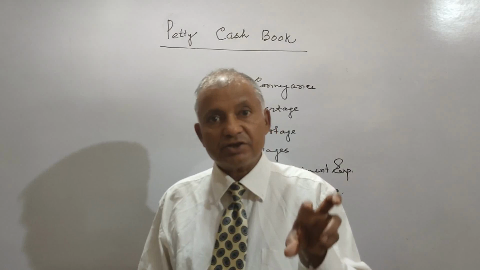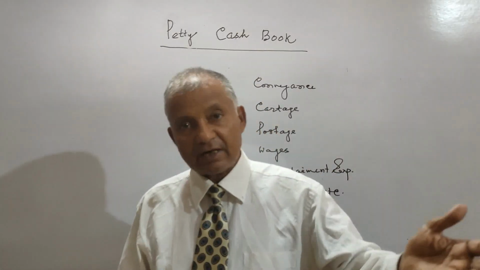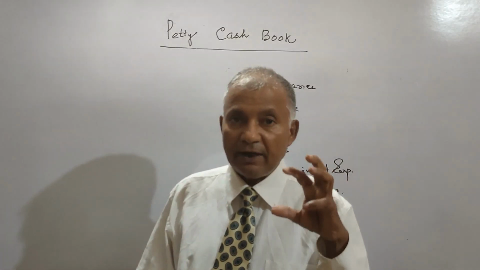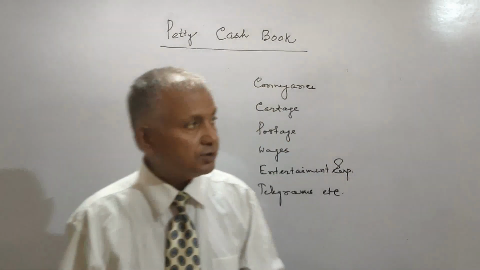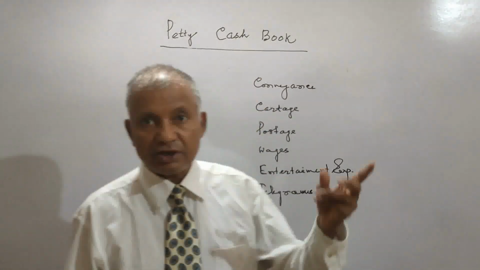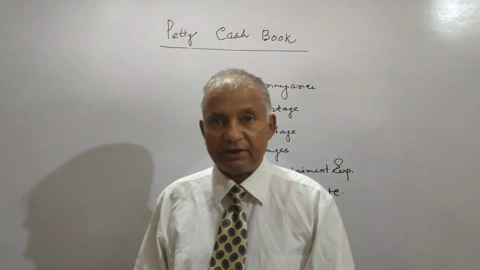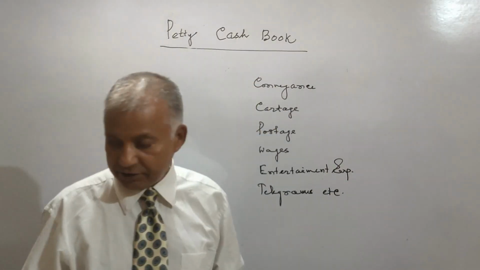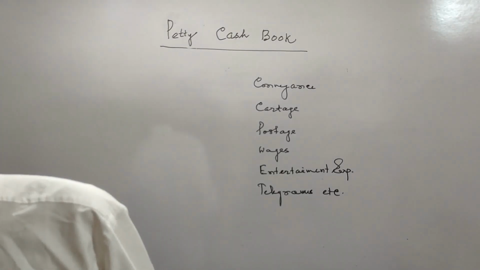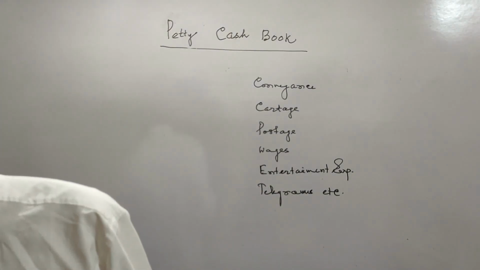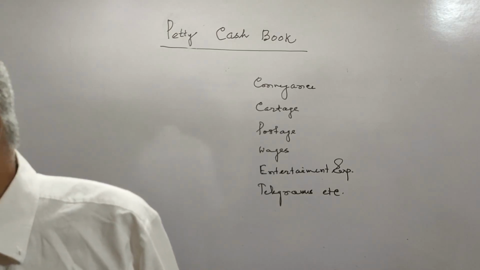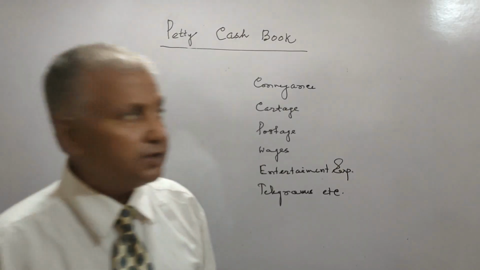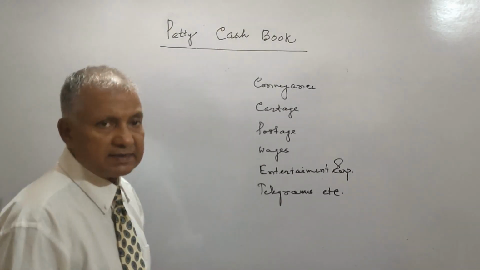The main cashier has to do the other, bigger transactions. Therefore, it will be very difficult for him to manage all such small transactions as well as the big transactions. So, for all such small transactions, generally the company maintains a petty cash book.